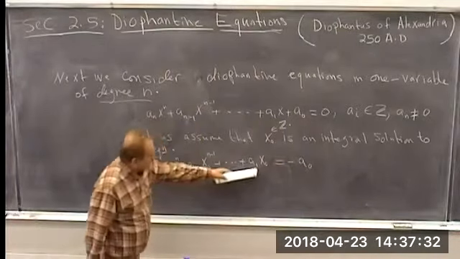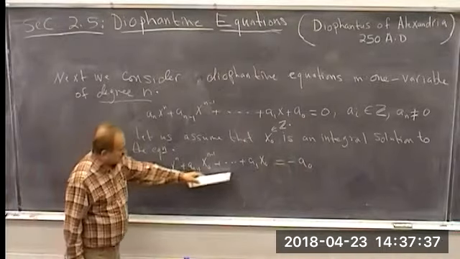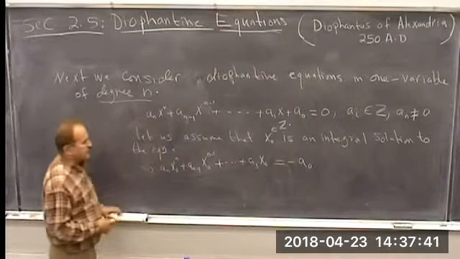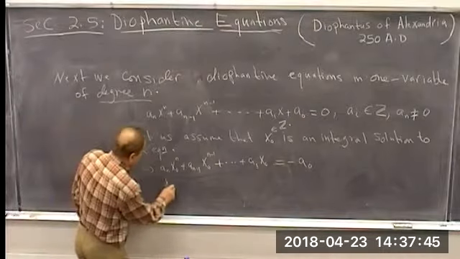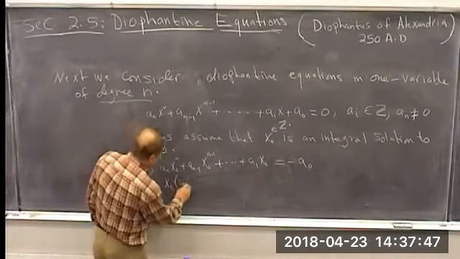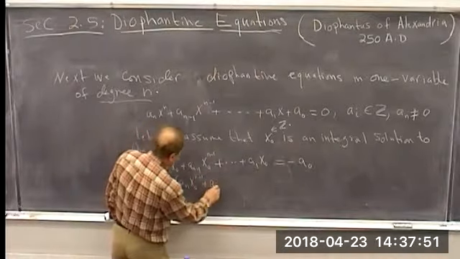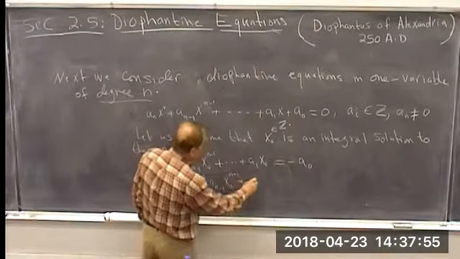And now on the left side, it's not an equation anymore, it is this expression. I can factor out an x sub 0. This becomes x sub 0 times a sub n x sub 0^(n-1) plus a sub n minus 1 x sub 0^(n-2) up to a1.